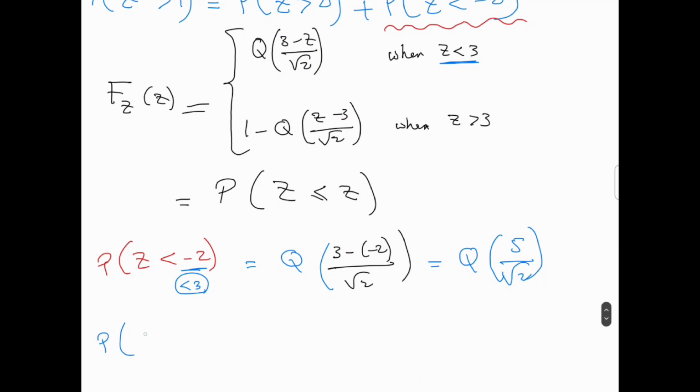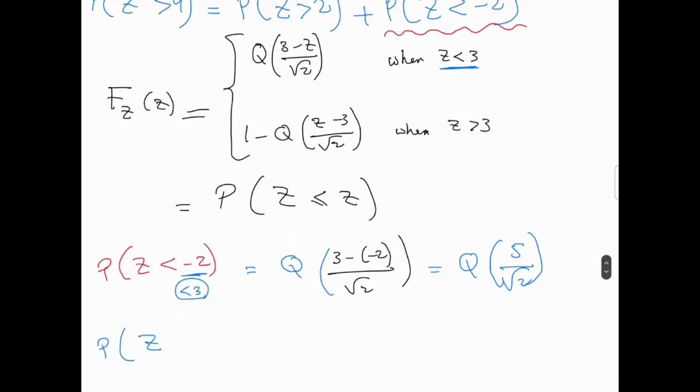The probability that Z is greater than 2 is equal to, since 2 is positive, but this is greater than, so we need to switch it to less than, so it's 1 minus the probability of the complement event, which is Z less than or equal to 2.